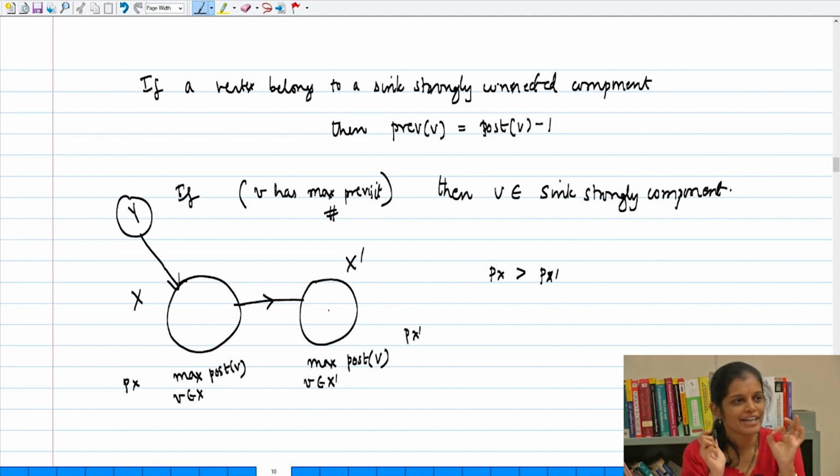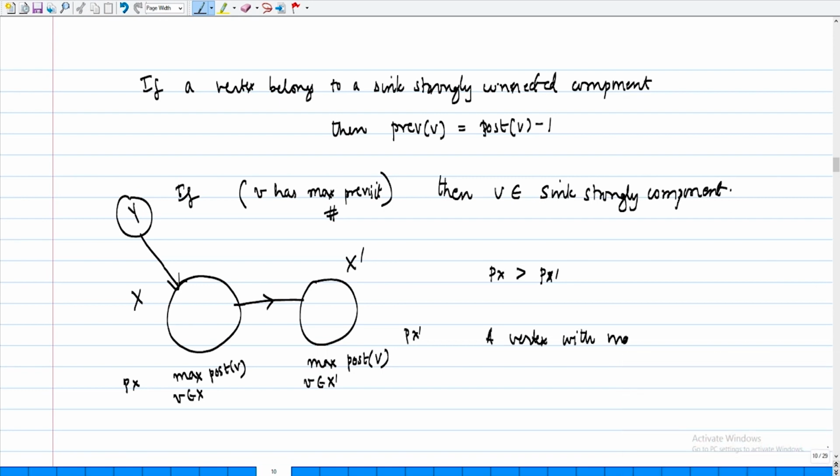So we know how to identify a vertex belonging to a source strongly connected component. So a vertex with max post visit number belongs to a source SCC. It belongs to a source strongly connected component.